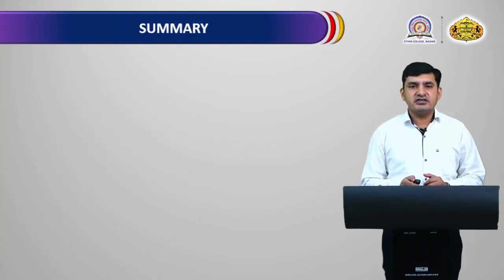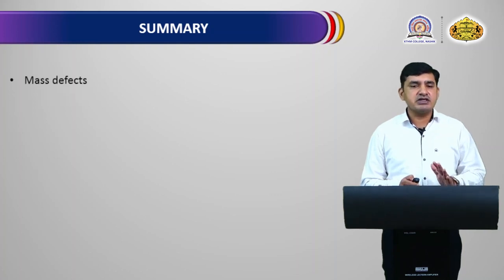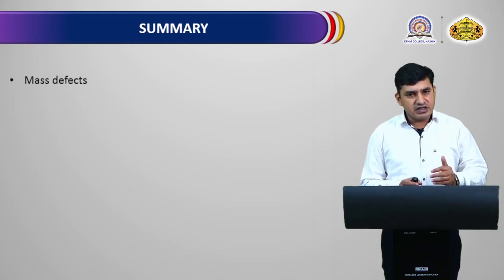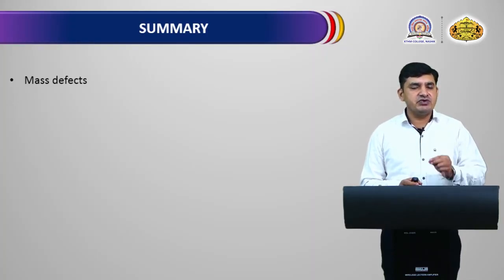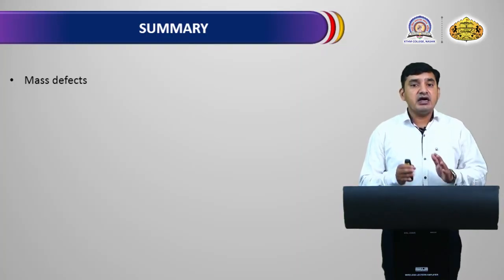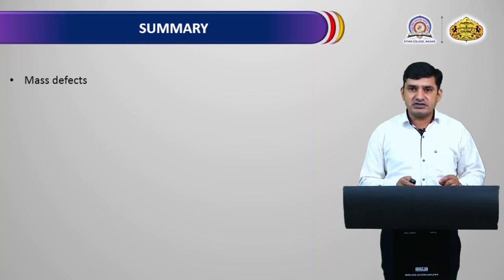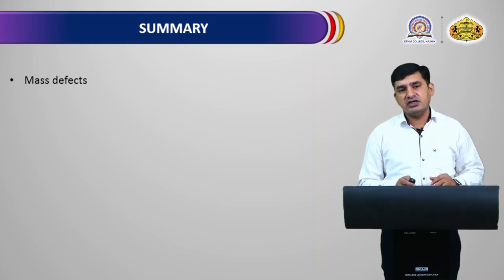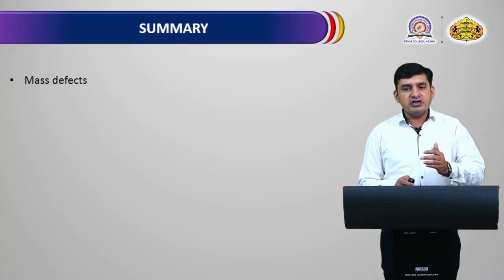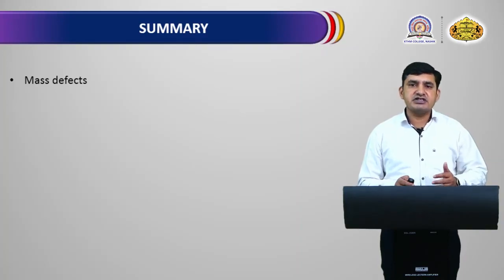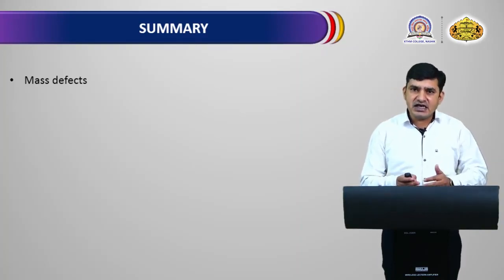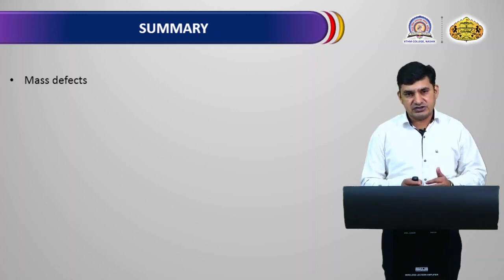So, in this lecture, we discussed what is mass defect: the difference between the mass of the constituent nucleons and the actual mass of a nucleus is known as mass defect. We know that the nucleus consists of positively charged protons and chargeless neutrons. These are the constituents of a nucleus, or nucleons.